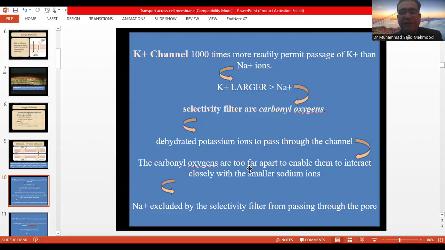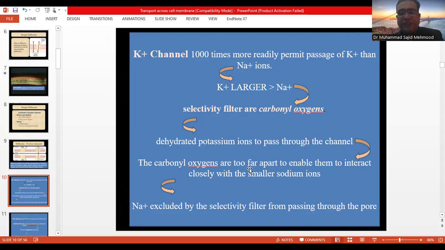So the selectivity filters of carbonyl oxygen which are present in the potassium channel cause dehydration of the potassium ion, and hence potassium can easily pass through the channel.